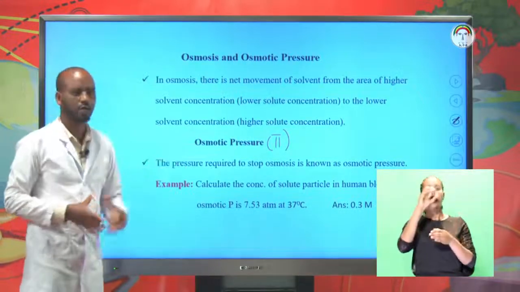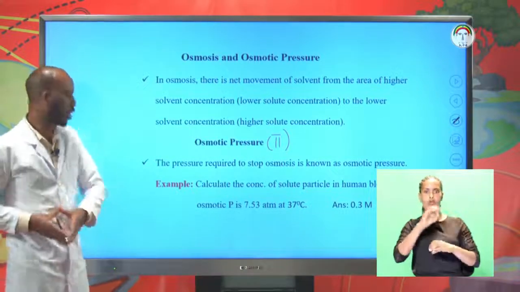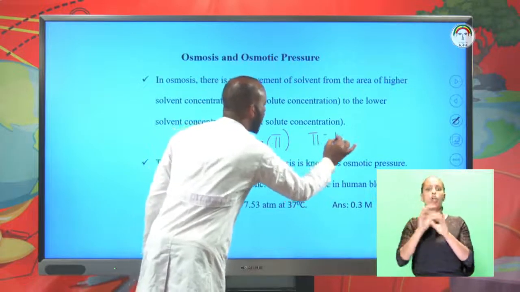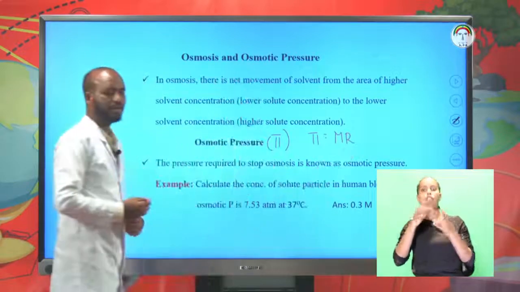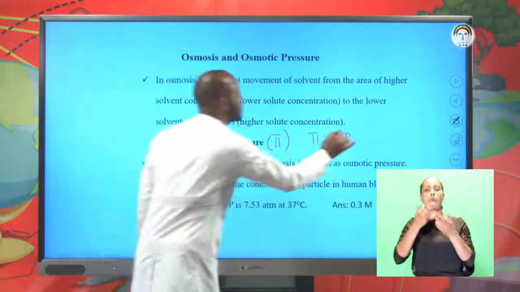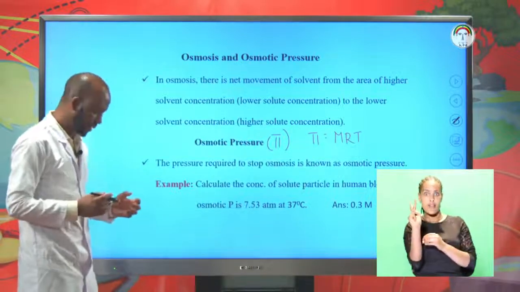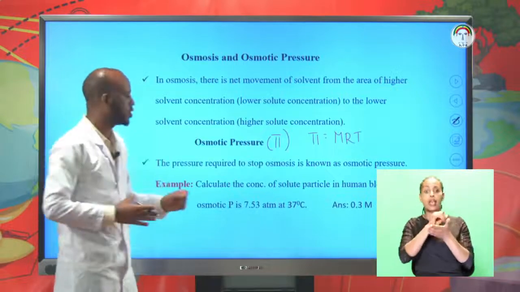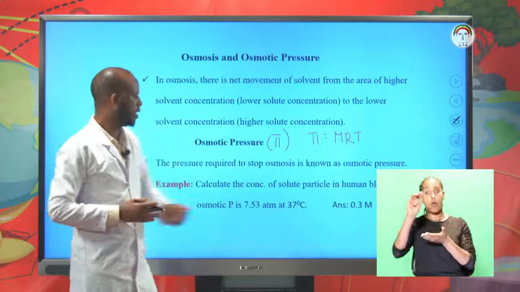This osmotic pressure is an example of colligative properties of a solution, because osmotic pressure equals molarity of the solution times R, the universal gas constant, times temperature in Kelvin. It is an example of colligative properties because it depends on concentration of the solution, molarity.